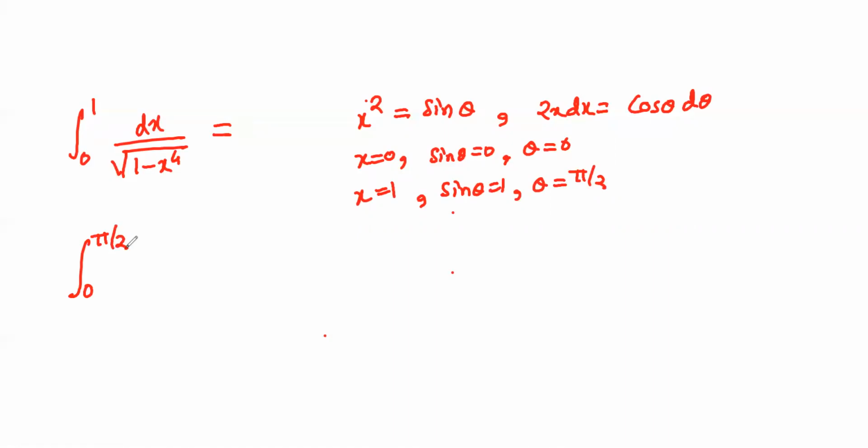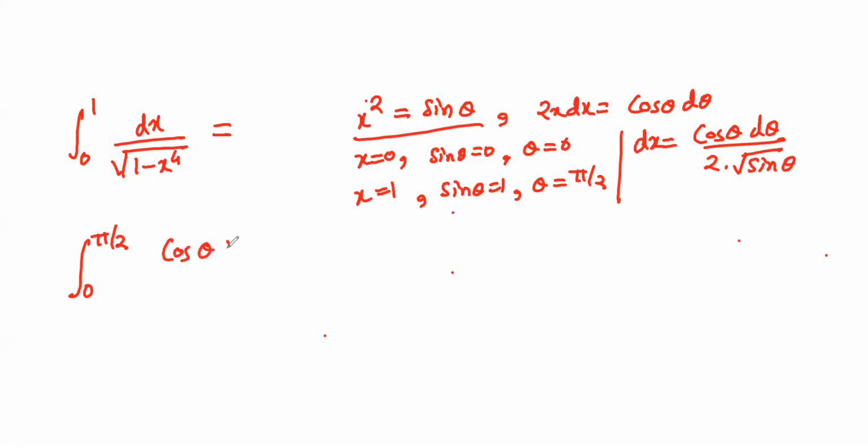Dx will be, okay, write it down in your way. So dx will be cos theta d theta upon 2, and instead of x I will write under root sine theta, because x square is sine theta. So 0 to pi by 2, dx will be cos theta d theta divided by 2 under root sine theta.